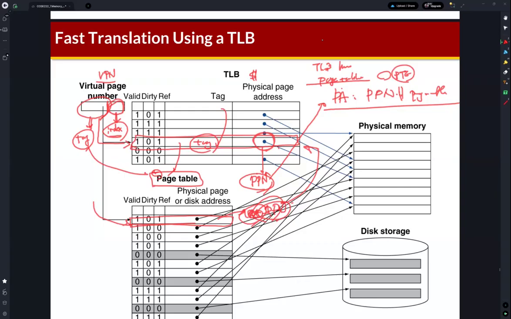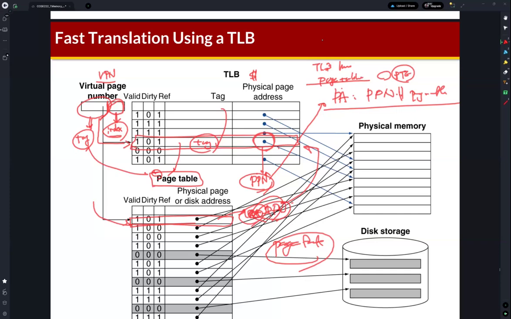The worst case is that we cannot find a valid page table entry for this virtual page number. This is a page fault, and this is an exception.